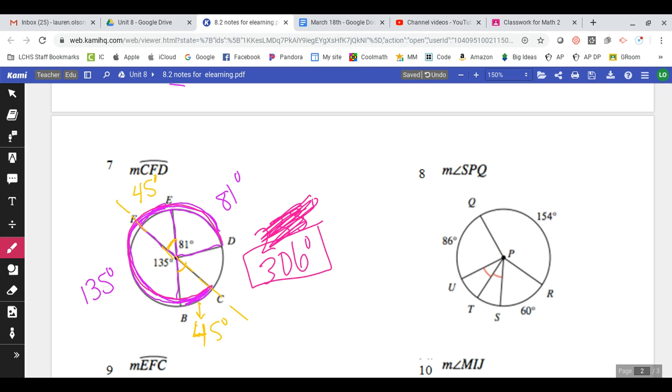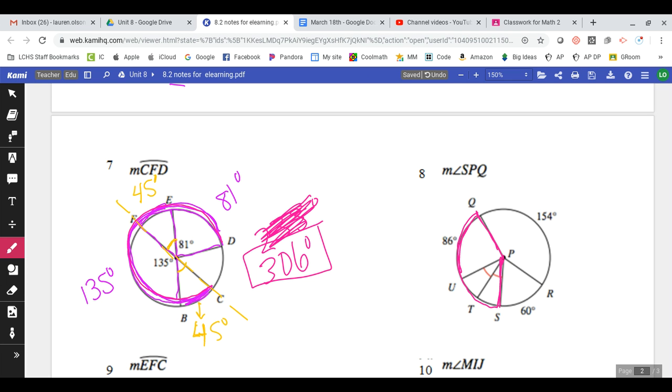Number 8. Find the measure of angle SPQ. So S to P to Q. I'm looking for this angle right here. I'm going to assume that they want this distance with angles. It's kind of tough to tell. So angle SPQ would come from this 86. And then I would also have to add these 2 pieces over here.